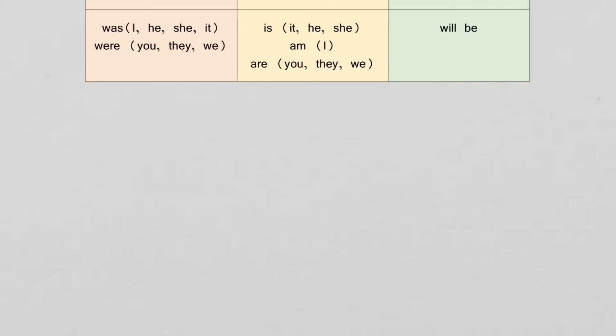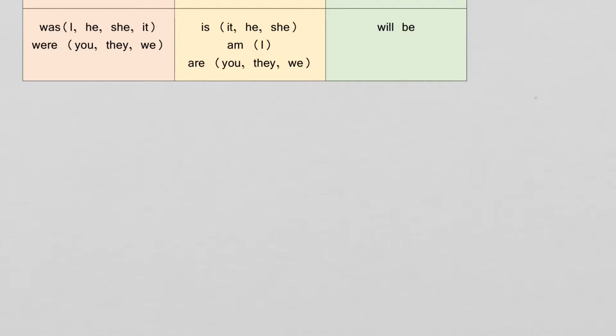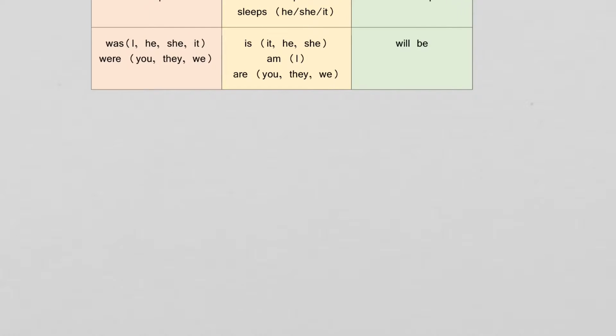So I was, he was, she was, it was. And then there's also were. You were, they were, we were. And in the present tense, is, it is, he is, she is. Or I am, or you are, they are, we are. And the future is really easy, it's just will be.